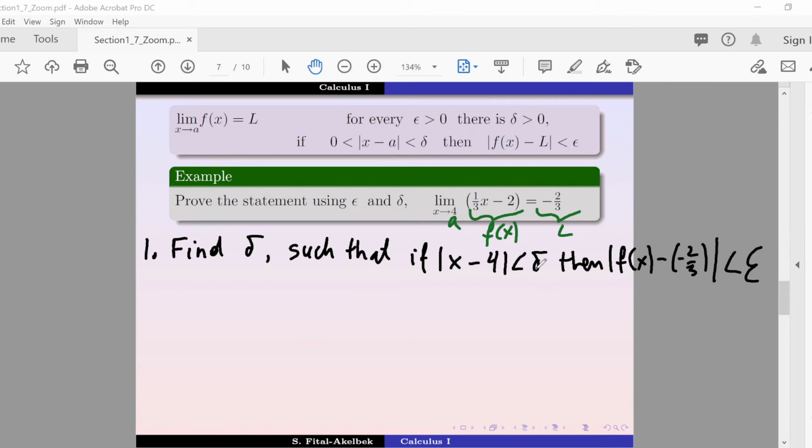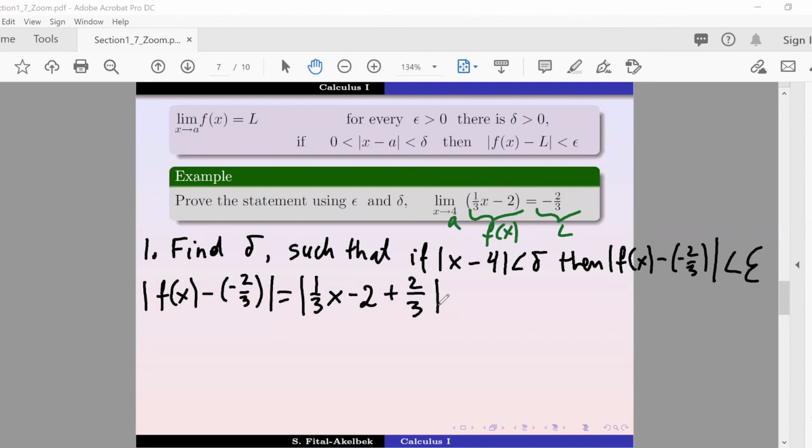So the absolute value of f of x minus negative 2/3 is equal to the absolute value of 1/3 x minus 2. This is my f of x. Now I have minus negative 2/3, which is plus 2/3.